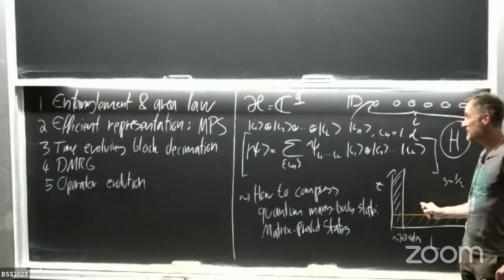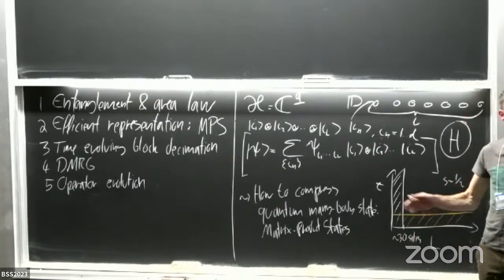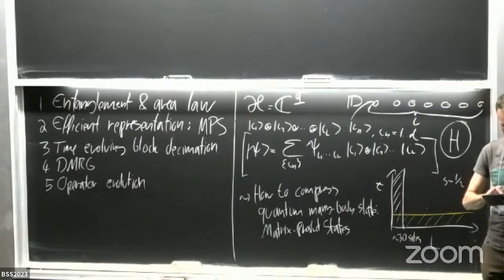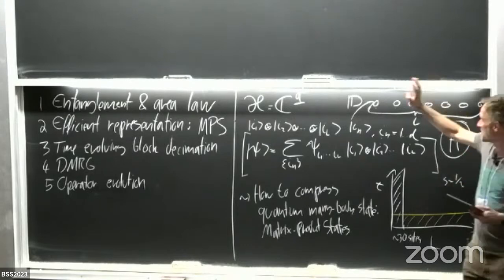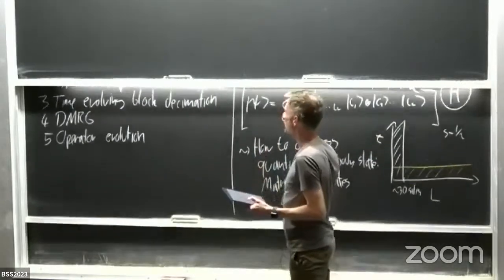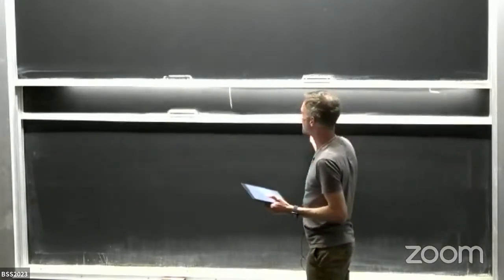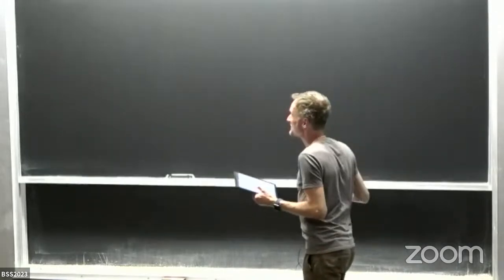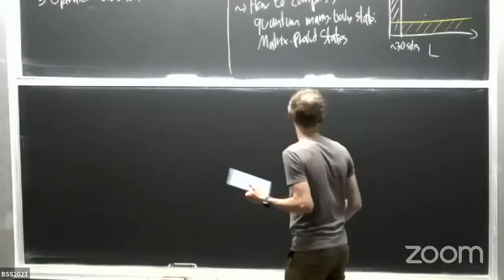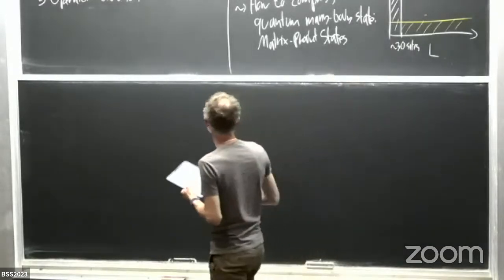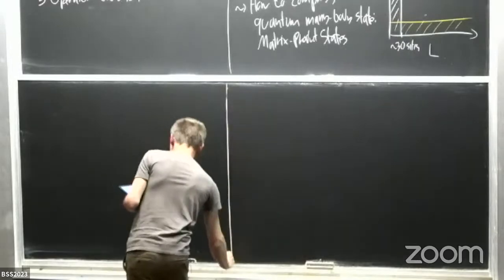In certain cases, it actually helps that we can go to much larger system sizes, albeit limited to shorter times. Having said this, I will now tell you how we can do this compression and for which kind of states we will be able to do this compression. This also connects to the fact that we are limited in terms of the time that we can evolve a system for.